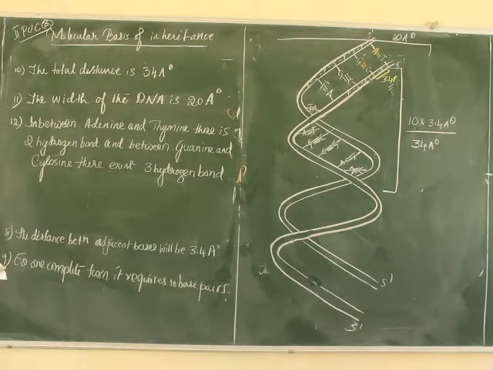So in between adenine and thymine, there exist 2 hydrogen bonds, and in between guanine and cytosine, 3 hydrogen bonds.